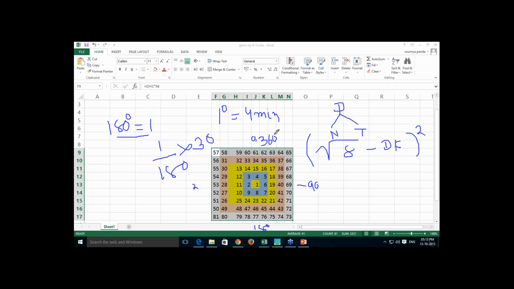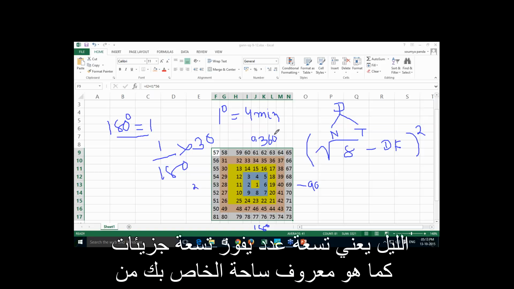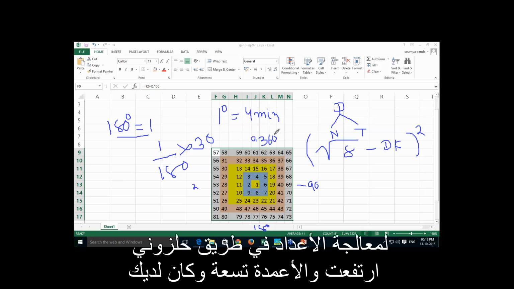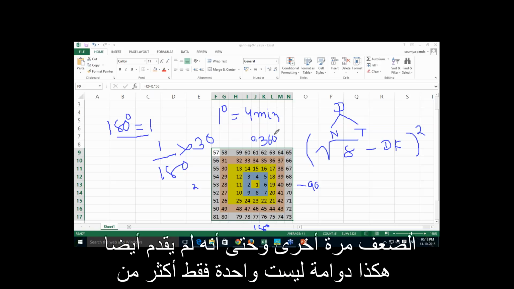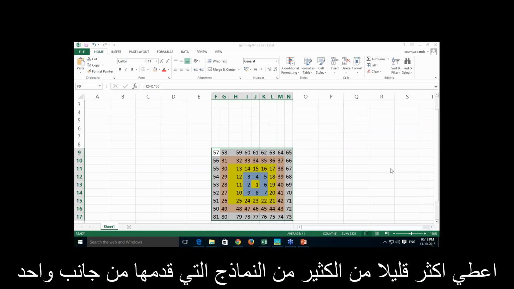This kind of relationship of the numbers, when arranged in a spiral, is known as the square of 9. It means 9 rows and 9 columns, and you have to arrange the numbers in a spiral way. The spiral is not the only model W.D. Gann has given. He has also given a hexagonal model, a triangular model, and a pyramid model.